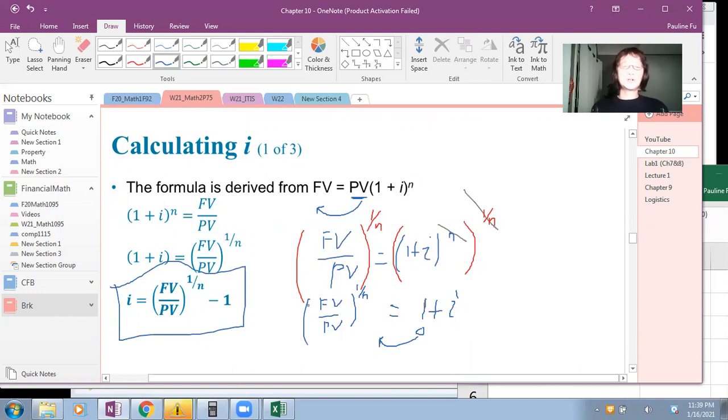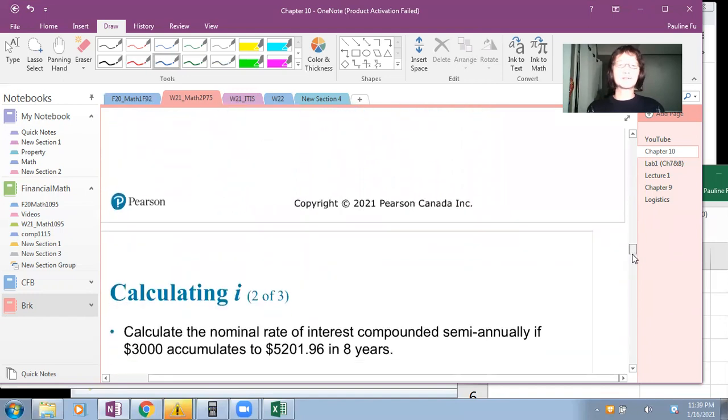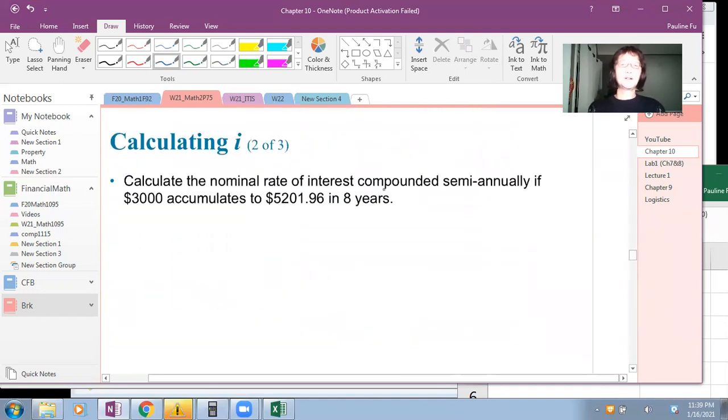When you know future value and present value, you can use this formula to solve for periodic rate I. Example: calculate the nominal rate of interest compounded semi-annually if 3,000 accumulates to $5,201 in 8 years. So 3,000 is present value, 5,201 is future value.